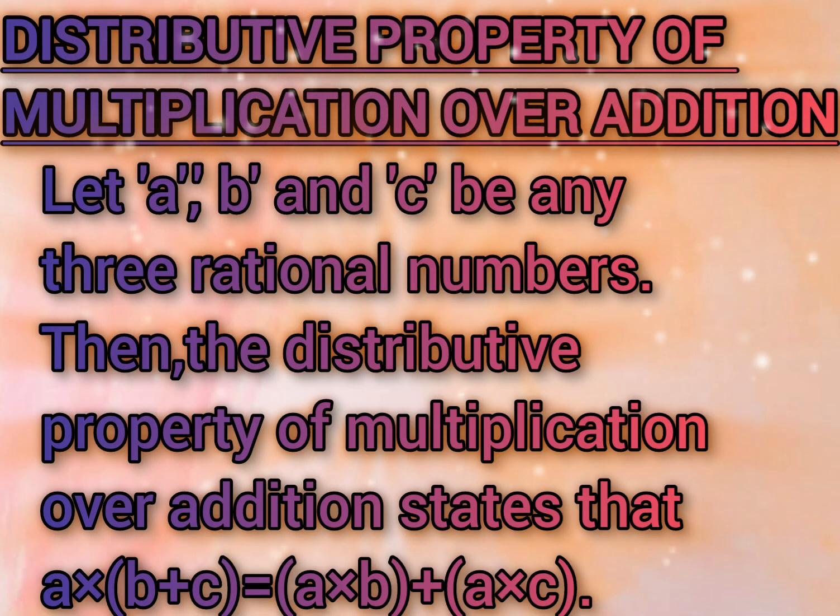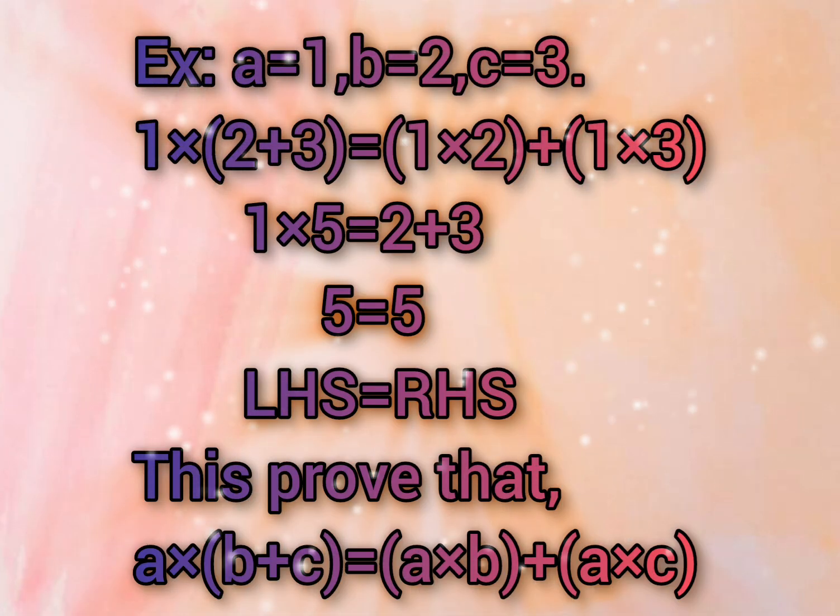Distributive property of multiplication over addition. Let a, b and c be any three rational numbers, then the distributive property of multiplication over addition states that a × (b + c) is equal to a × b + a × c. For example, let a is equal to 1, b is equal to 2 and c is equal to 3, we will get 1 × (2 + 3) is equal to 1 × 2 + 1 × 3.